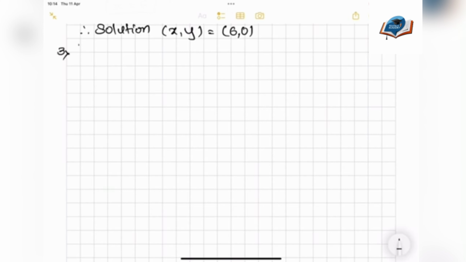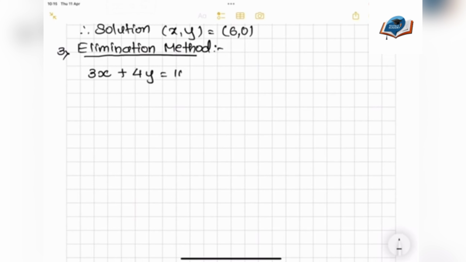Now let us discuss the third method, that is the elimination method. According to the name elimination, elimination method means that I have to remove any one term, eliminate any one term, either x or y, or I have to completely remove that term.